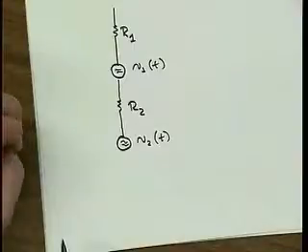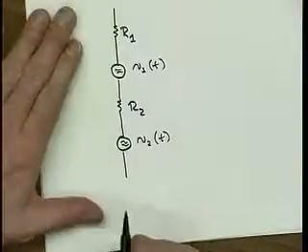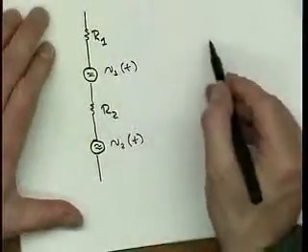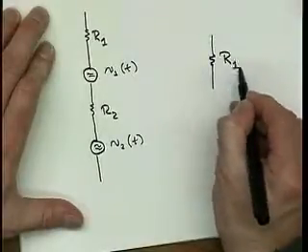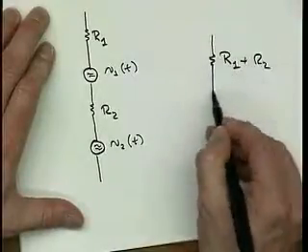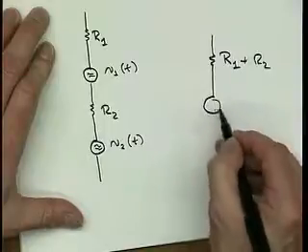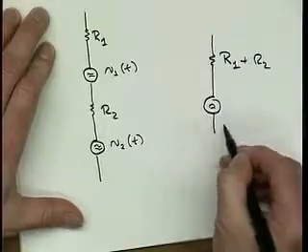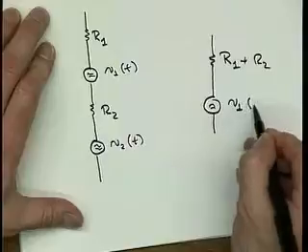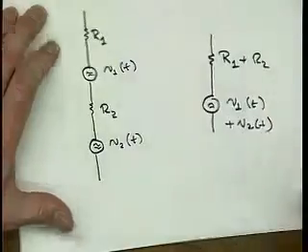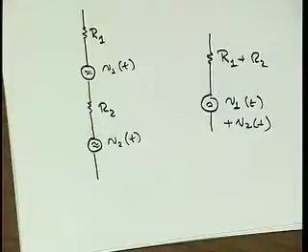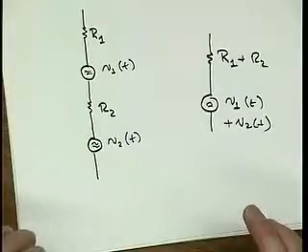Then, of course, I could model this with the new resistor R1 plus R2, and then a new noise voltage V1 of t plus V2 of t. And these instantaneous noise voltages just add together. Certainly KCL holds here.